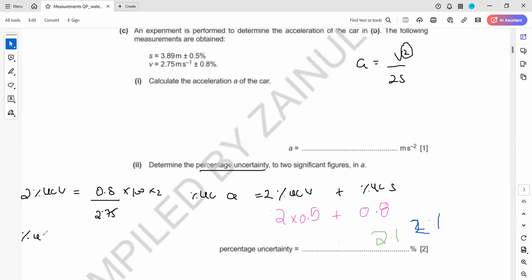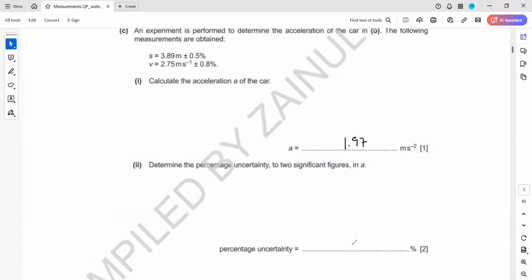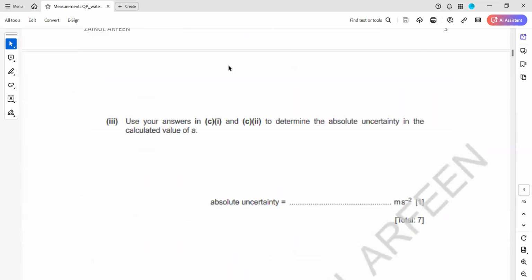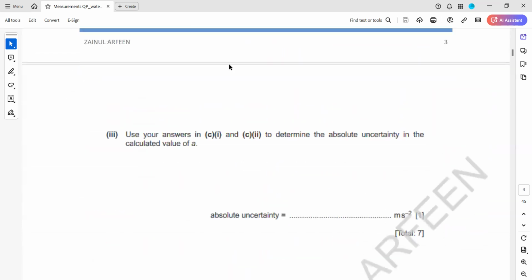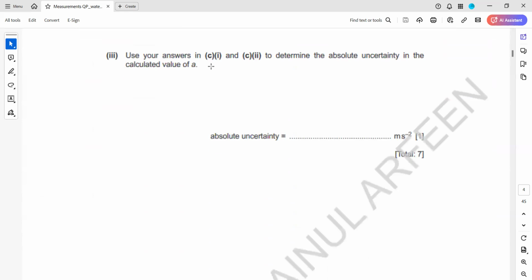And the percentage uncertainty in s will be the uncertainty in s, 0.5, divided by 3.89 multiplied by 100. And you just simply add them. So the final answer will be 2.1%. So the value of a was 1.97 and this is 2.1%. They asked for two significant figures, that's why we use 2.1. The next is use your answer to C1 and 2 to determine the absolute uncertainty in a.